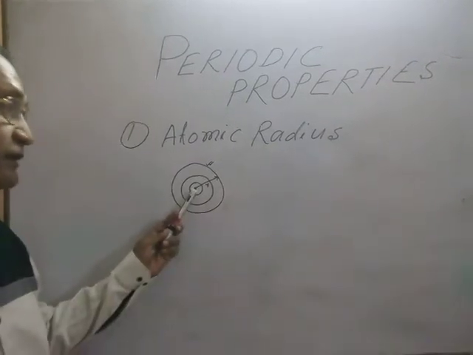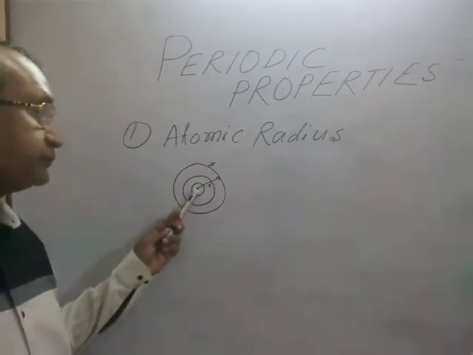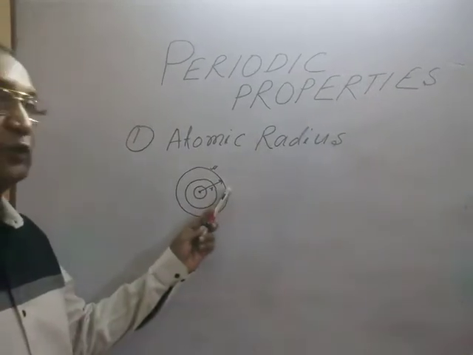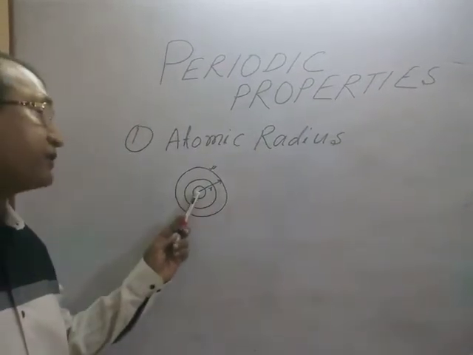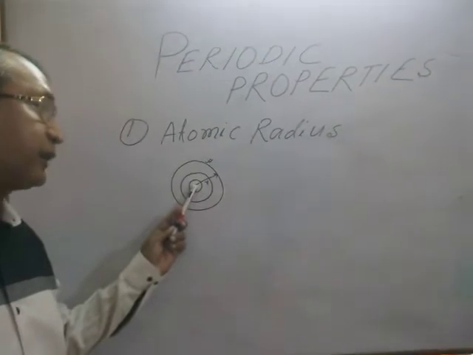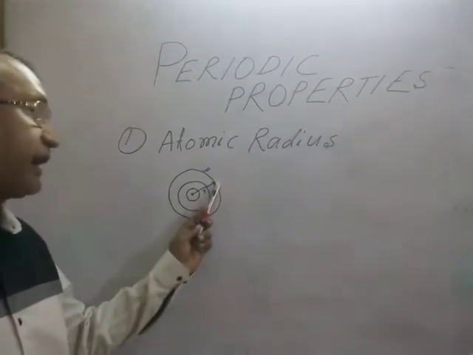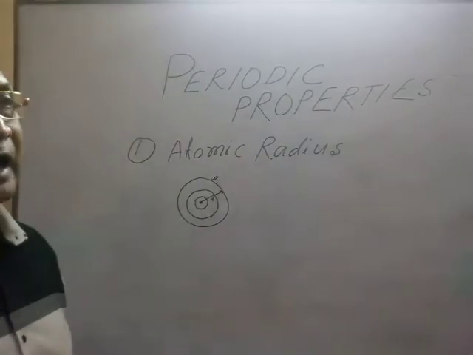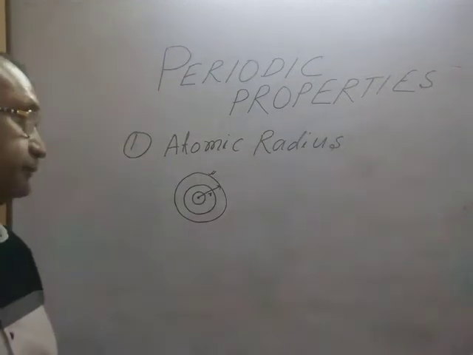If we consider this is the center of the nucleus and this is our outermost shell, then the distance from the center of the nucleus to the outermost shell is known as atomic radius.